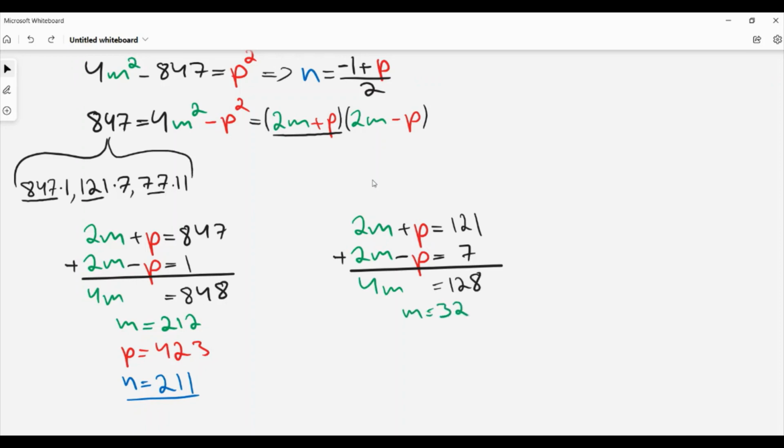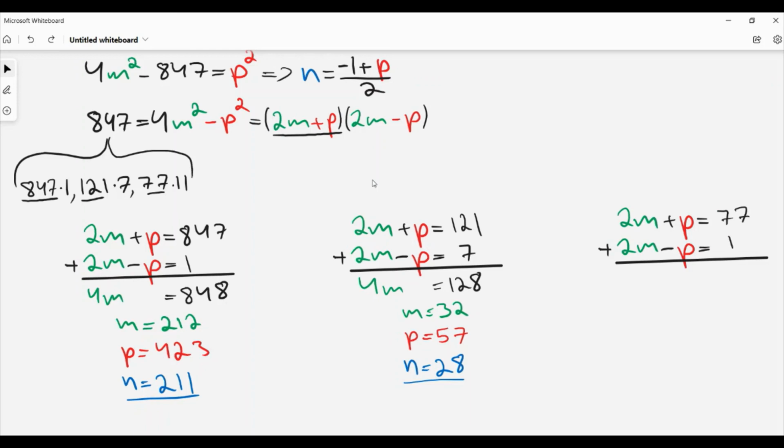And so m equals 32, p equals 57, and n equals 57 minus 1 over 2, which is 28. And finally, our last system right here, just like this. So m equals 22 from this system, p equals 33, and n equals 33 minus 1 over 2 equals 16.